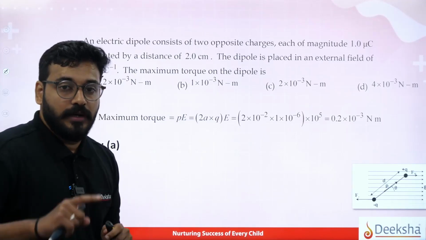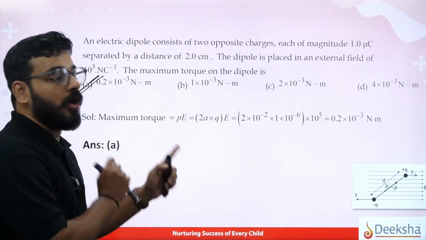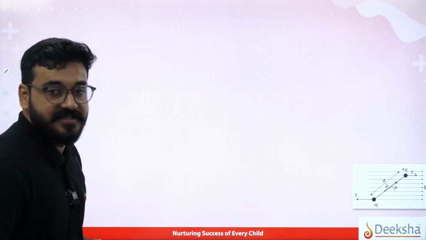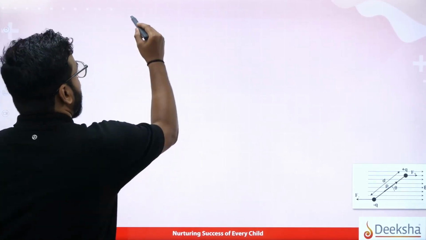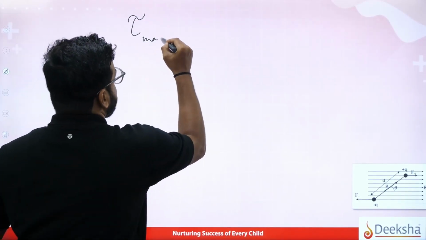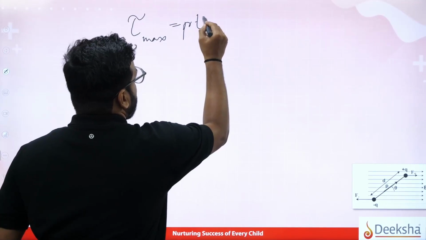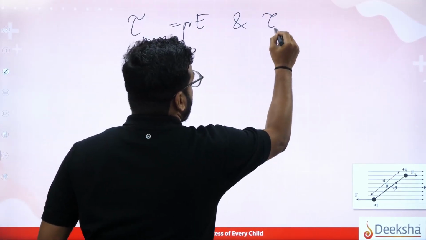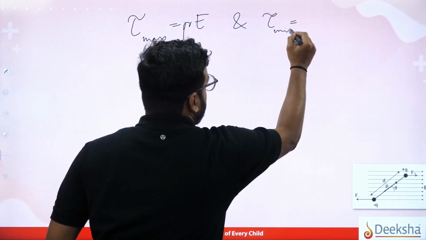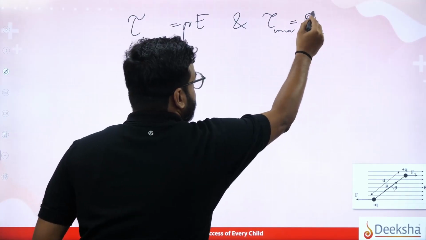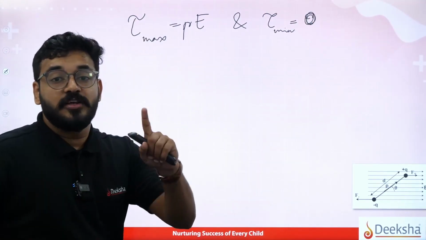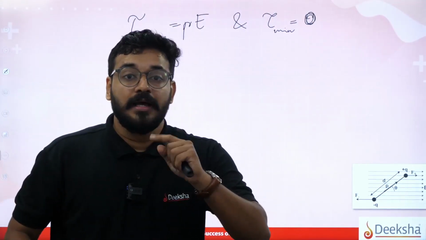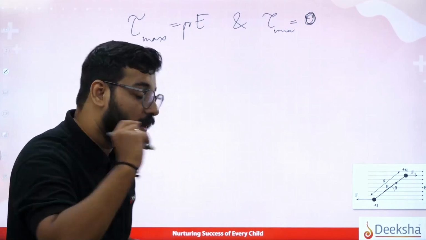Alright. Now one main tip along with this which I want to give you is that torque has a maximum value of PE and a minimum value of 0. But that is not the case for potential energy. So what is the potential energy?